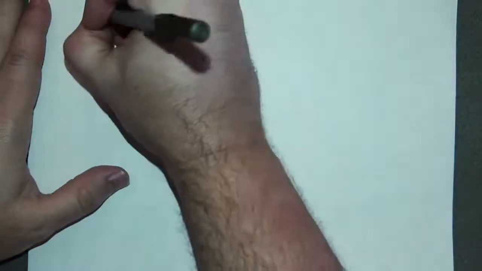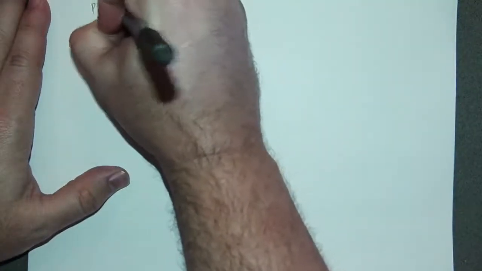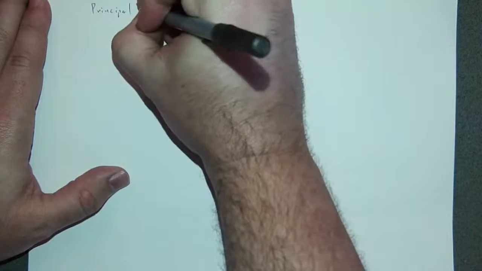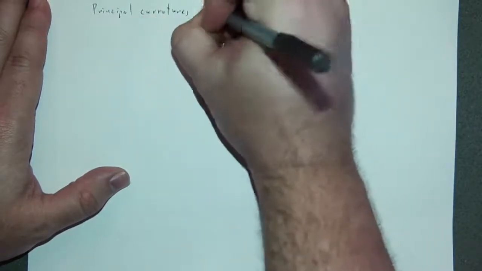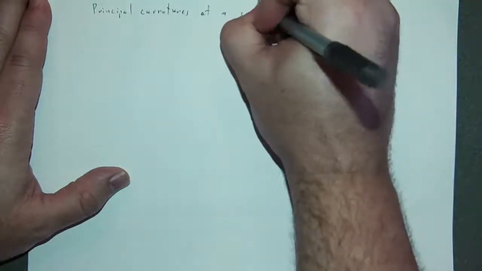Okay, and so what I wanted to discuss is the principal curvatures of a surface. We will have a relation between these and some other versions of curvature on a surface that we've talked about before.